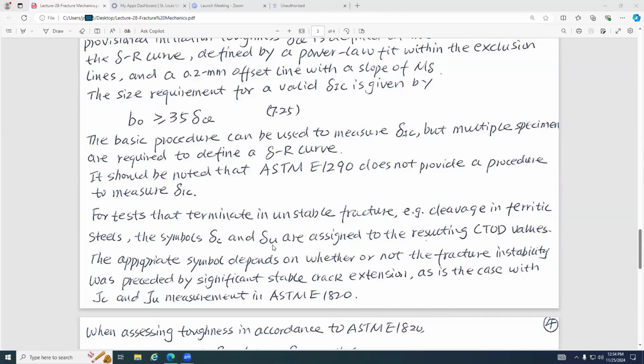Delta U here is analogous to the JU, and whenever you see the subscript is U, it means that this is the value at fracture instability.